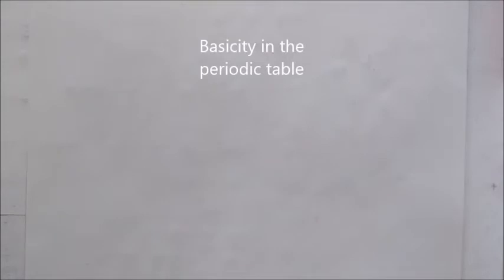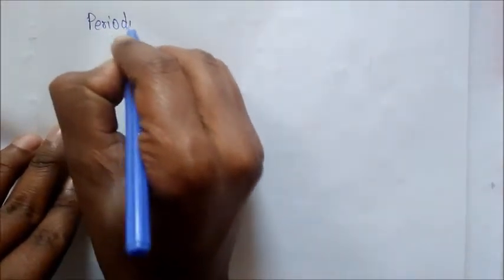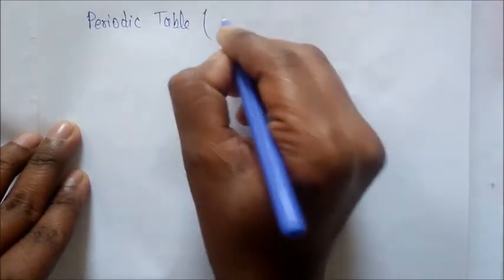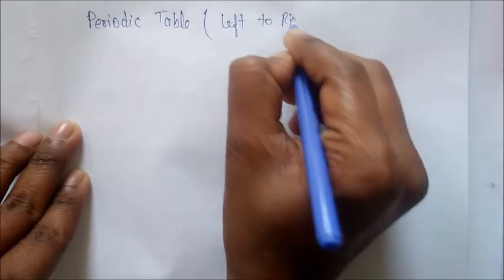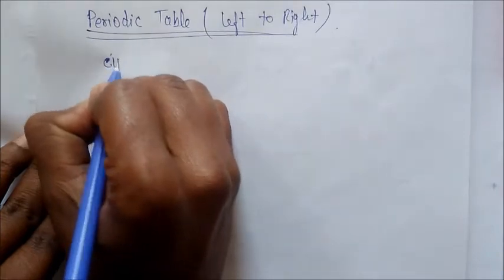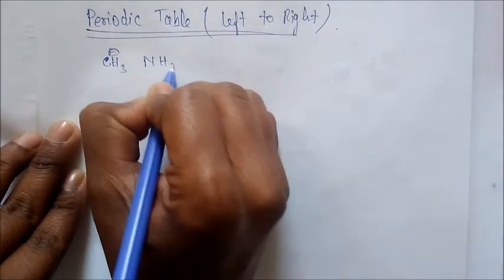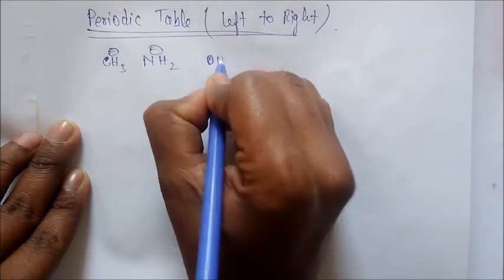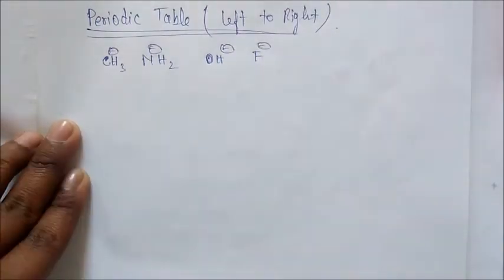Let us now come to the periodic table. If we see in the periodic table from left to right and from top to bottom, we can see that from left to right there is a decrement of the basicity. Let's see here in the periodic table, left to right. If we see an example, let's say we have CH3 minus, NH2 minus, OH minus and F minus.